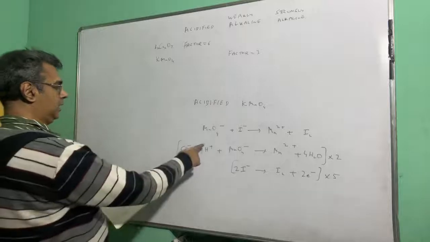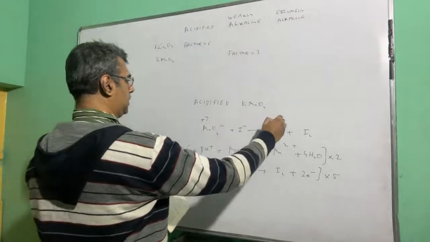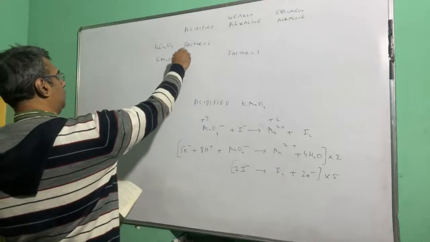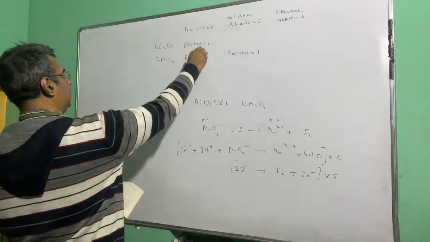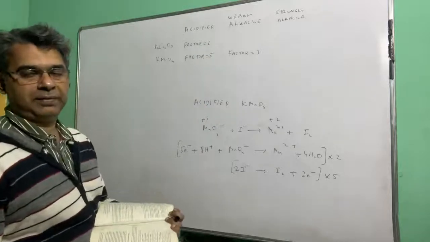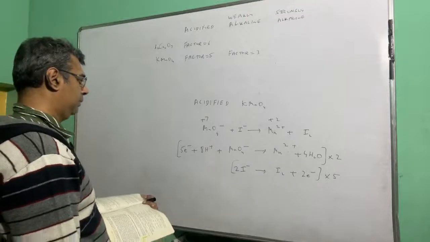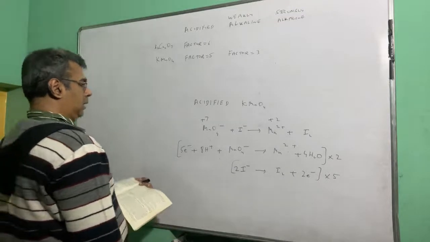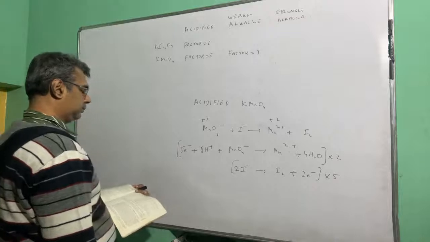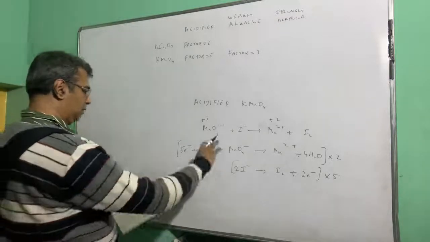Now in this question, the manganese oxidation number is changing from 7 to 2. So the factor will be 5. Factor means molar mass divided by factor will give equivalent mass. Now you just have to add these two.